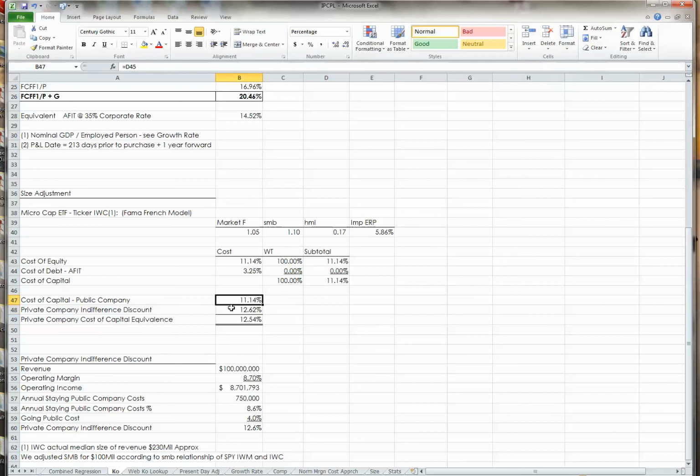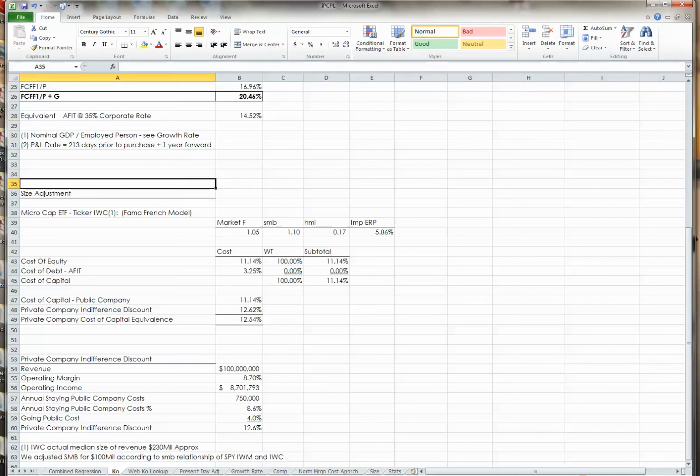If you increase the cost of capital by 12.6%, that increases it by roughly 1.5%, and that gets you a total private company equivalent of 12.5%. So now that we have the large company and the small company, we can draw a line between the two and just interpolate as opposed to extrapolate, which is obviously much safer.